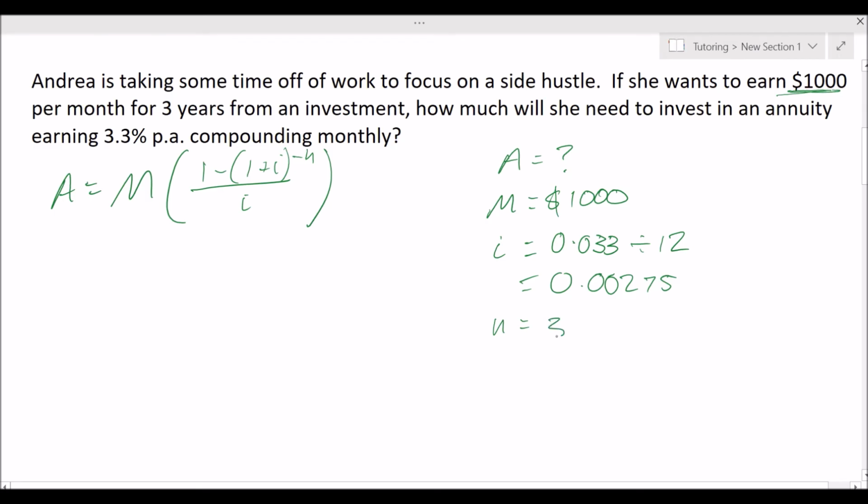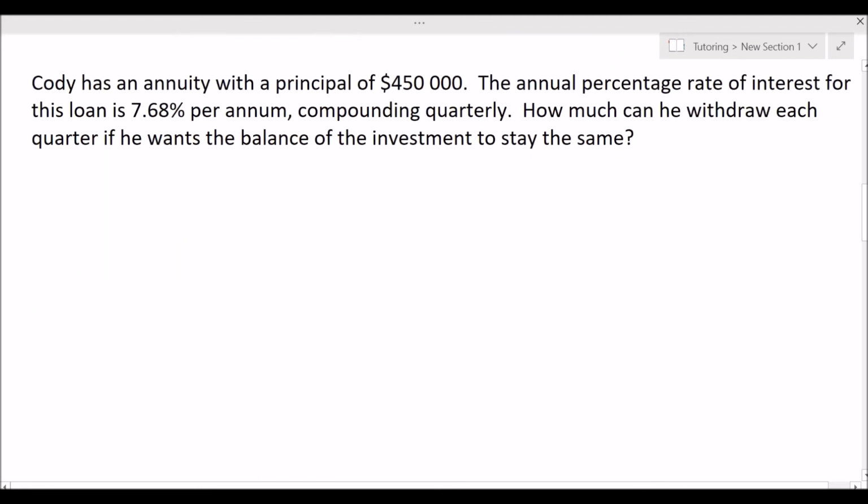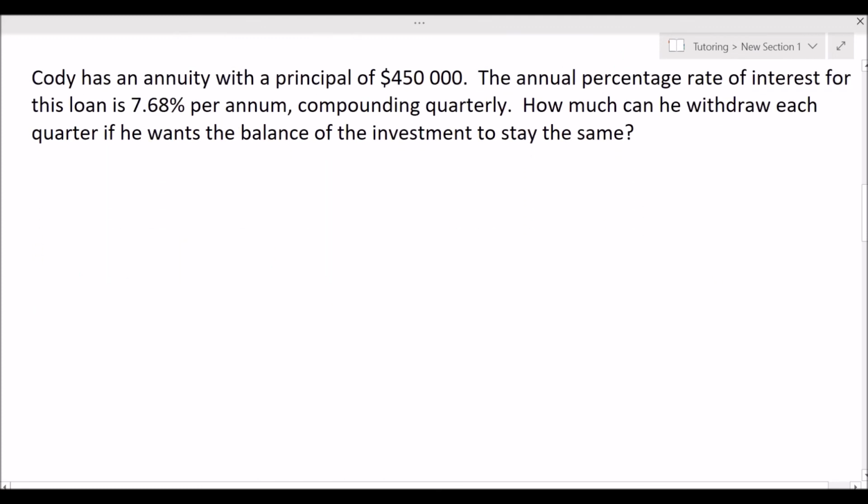Our N value is 3 years worth of 12 months, which is 36 months in total, 36 compounding periods. If you put all that in your calculator, you should get $34,230.62. Next question. Pause the video again, have a go.